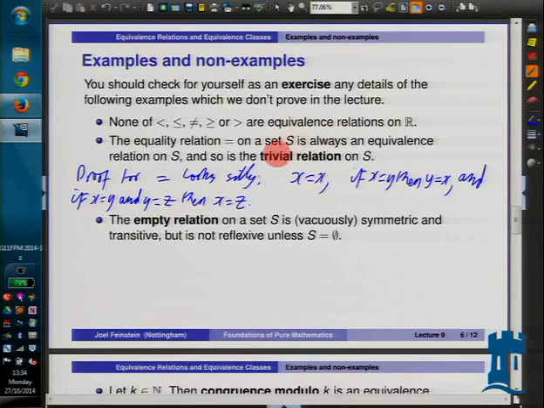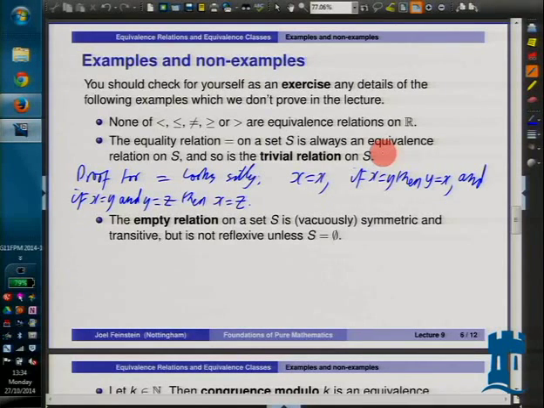The trivial relation, you have to remember what it is. The trivial relation is the one where everything is related to everything else. So the trivial relation is the boring one where all x and y are related to each other, and all y and z are related to each other. And then everything is also completely stupid, because in the trivial relation, x is related to x because everything's related to everything else and themselves. And then when you're trying to check if x is related to y, then y is related to x, x is always related to y, but it's not a snag because y is always related to x.